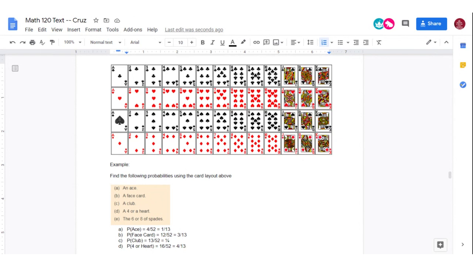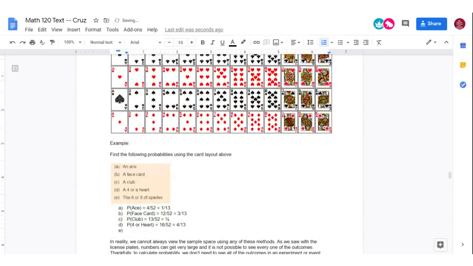Okay, the last one on these: 6 or 8 of spades. All right, so is it saying a 6 or an 8 of spades? Or is it saying 6 or 8 of spades?